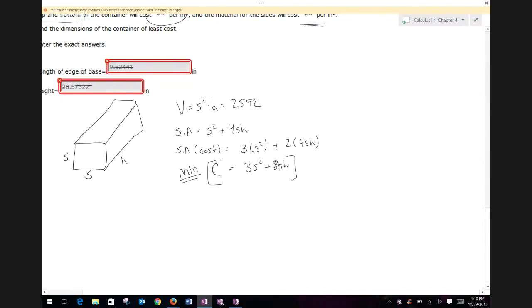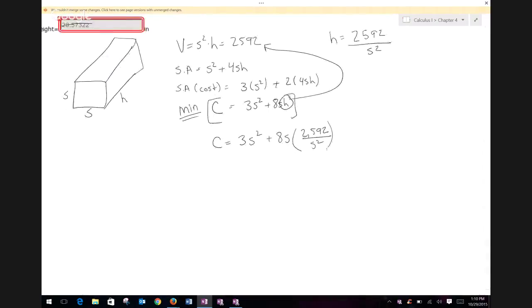So if I take the derivative with respect to S, it's going to minimize it and tell me the S value. Now to do this, I need to get H as a function of S, and that's where the volume function comes in. If I solve for H, I end up with 2,592 divided by S squared. I plug that in for this H, and I end up with a function of only S: 3S squared plus 8S times 2,592 divided by S squared.